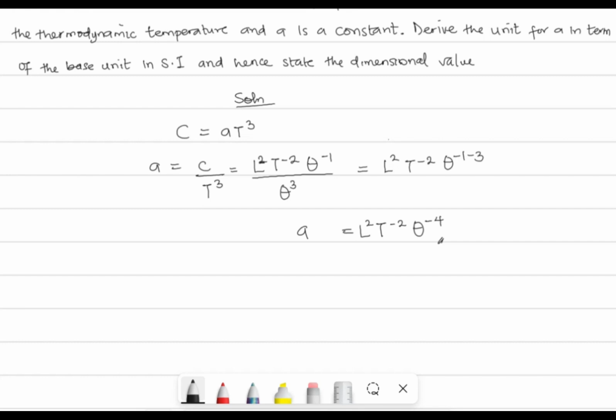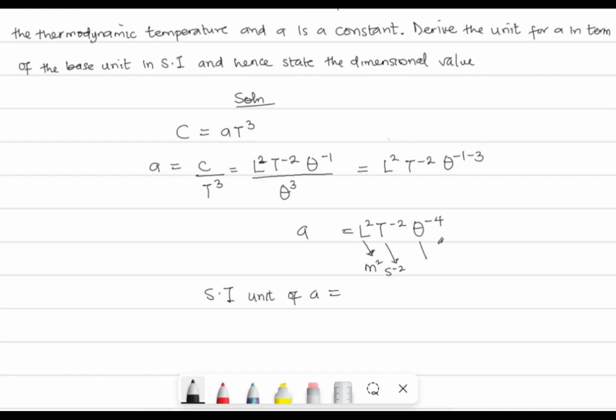For the SI unit now, which is the base unit they ask us to get, the SI unit of A is simply going to be this: L means length, in meter, so that will be meter squared. T means time, and that is seconds, s⁻².